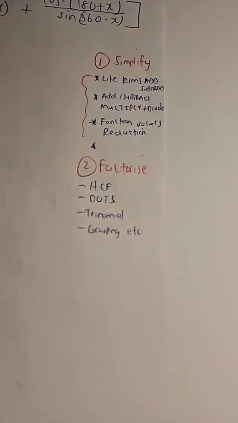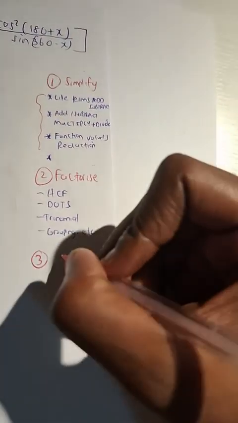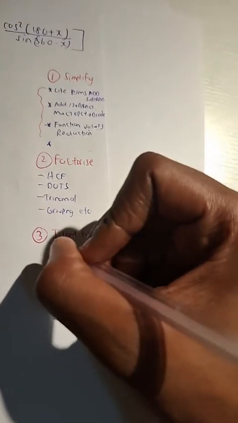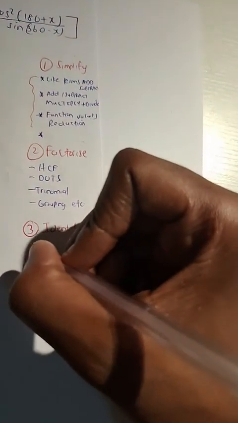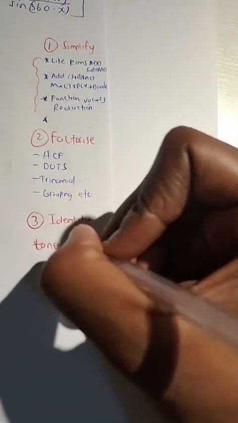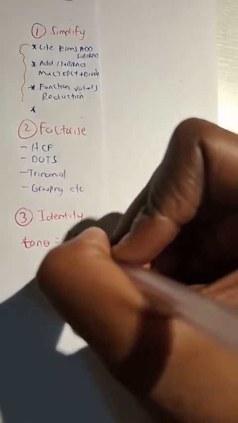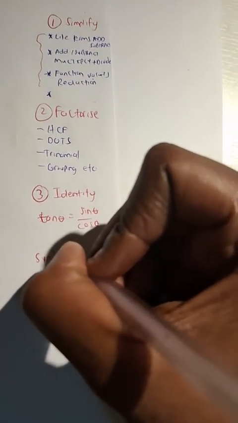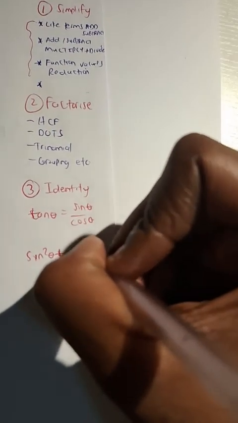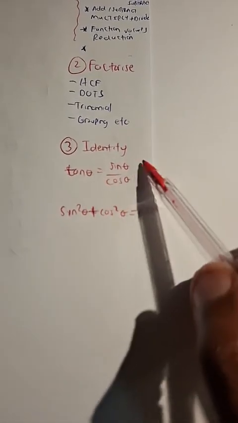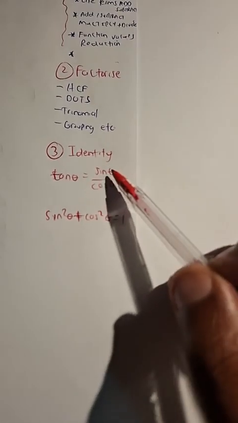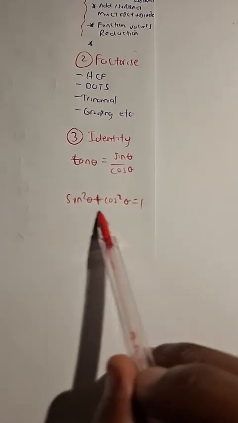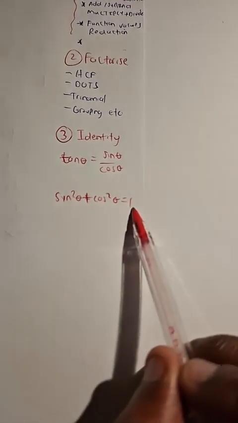If still there's no factorization, then the last strategy is to check whether you can apply a particular identity, whether that be the quotient identity or this identity. Where tan theta is, you can substitute sine theta over cos theta. Sometimes where sine theta over cos theta is, you can write tan theta. For this one, the square of sine plus the square of cos is equal to 1.